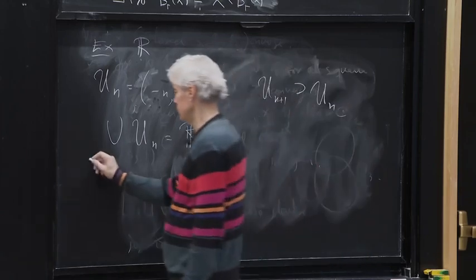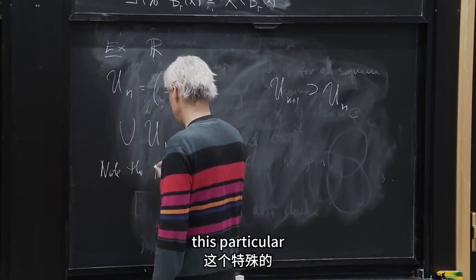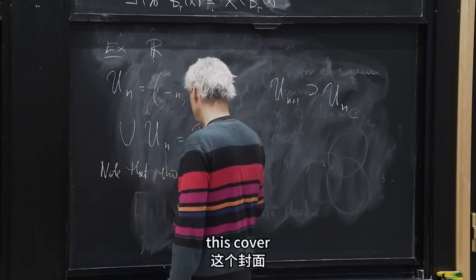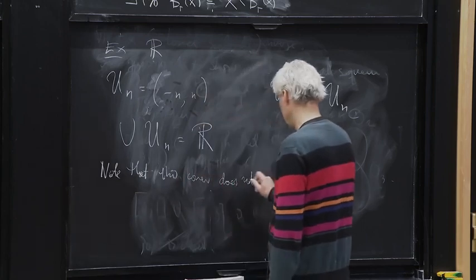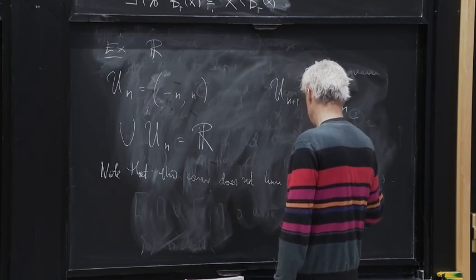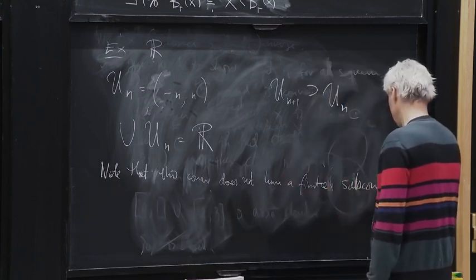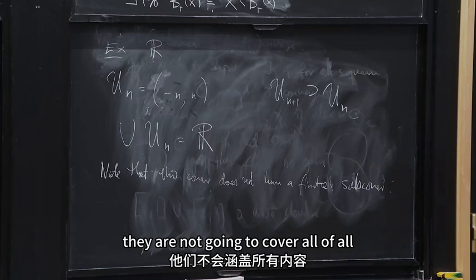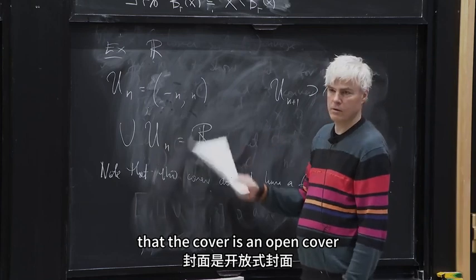So note that this cover does not have a finite subcover. If you just take finitely many of these, they are not going to cover all of R. But actually, in this example, you see also that the cover is an open cover.